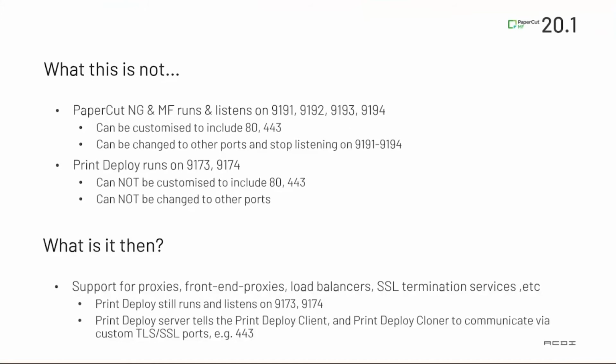So we may need to change, if you will, the ports for proxy servers, load balancers, SSL termination services, that type of thing, where Print Deploy still runs and listens on 9173 and 9174, but the Print Deploy server tells the client and cloners to communicate via custom TLS SSL ports like 443, for instance.